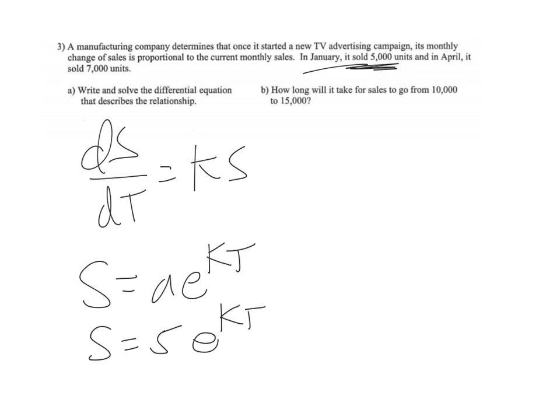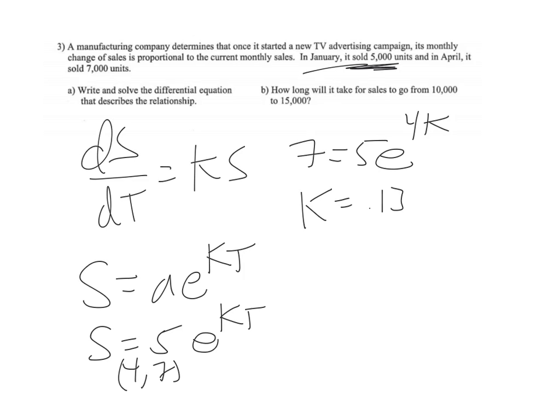And then in April, which is 4 months later, we have 0.47... So 7 equals 5 times e to the 4 times k. We'll divide by 5, take the natural log, then divide by 4, and I came up with a k value of 0.1399.